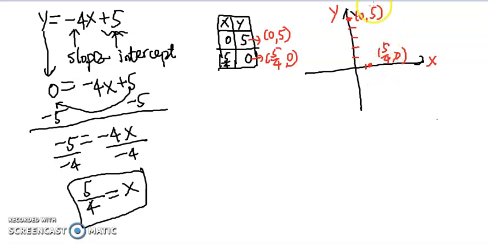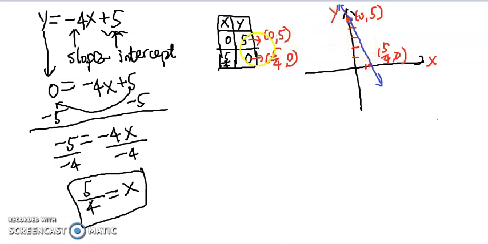Now we join these two points and we can get a straight line. Again, my line is a little bad. This line goes through these two points, for which we found two solutions.